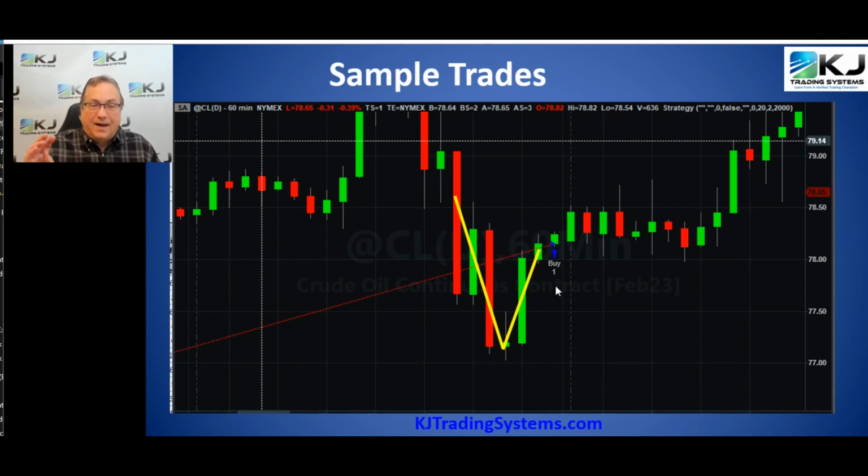But this is an important point with pivots because a lot of people think of pivots and they look at a chart and say, okay, well, I would have bought here. Well, it's easy to say that looking at a chart that this was a pivot low, right? After the next bars are in there.